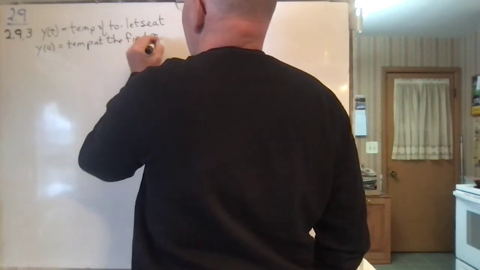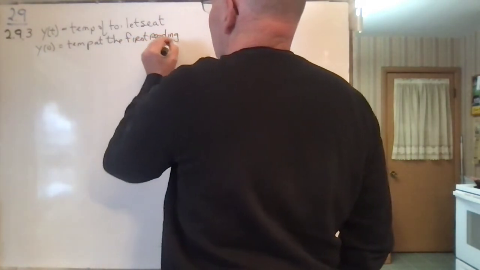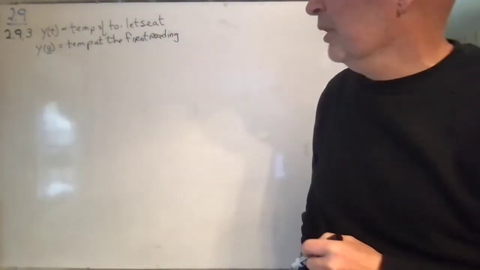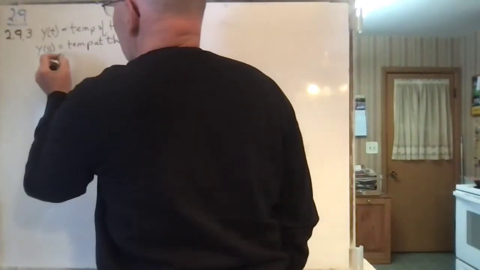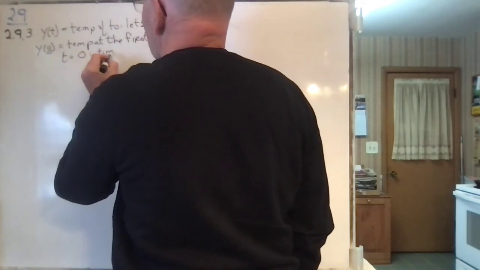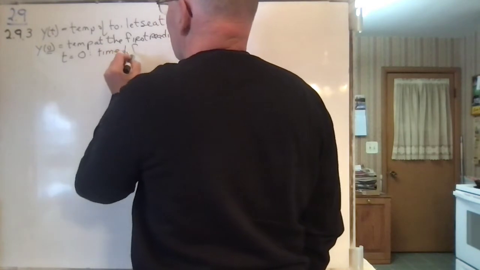I mentioned that in the problem, you let time equal to 0 be the time of the first reading. So I'll say t equals 0 is the time of first reading.